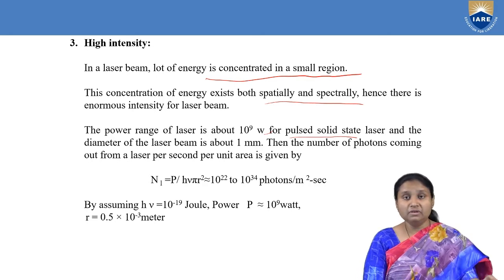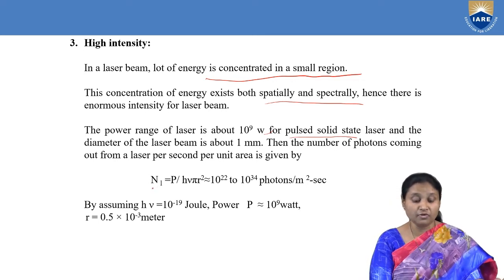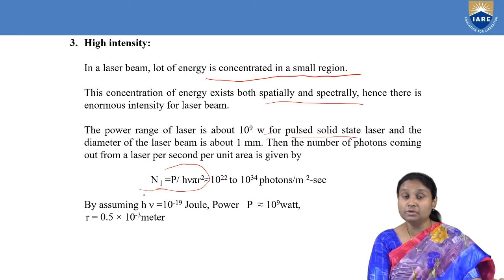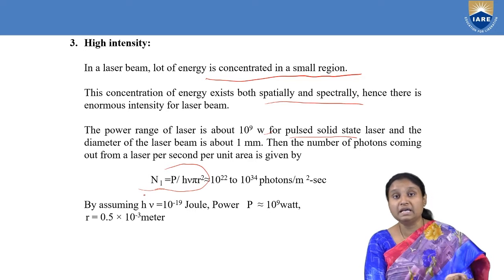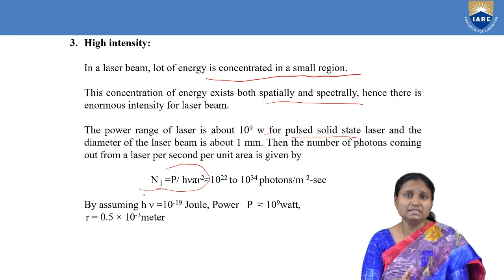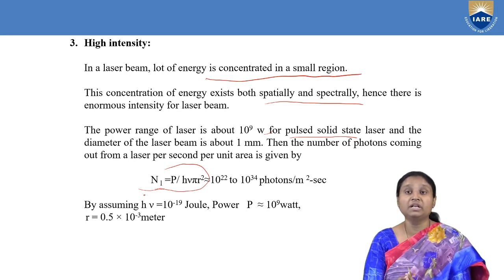And also we can calculate how many photons are coming from a laser per second per unit area using this formula. So what is N1? N1 is how many photons are being emitted per second per unit area, which is going to decide the intensity of the laser beam. So when we say that laser is highly intense, it means that it has more photons compared to a normal light source.